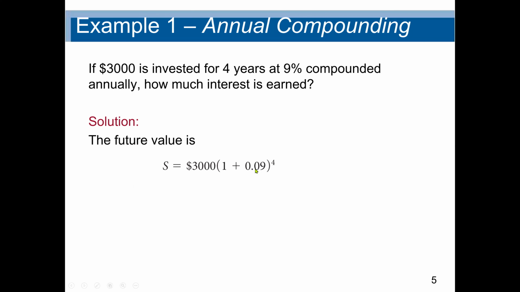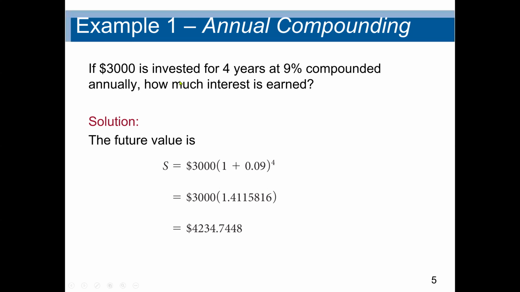R is the interest rate, which is 0.09, to the power N. N is always the time in years. Here it is 4 years, so to the power 4. So our answer for the future amount is $4,234.7448. Roughly, we say $4,234.74. Now, this is the future value.